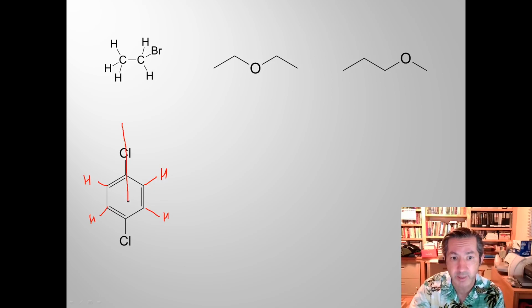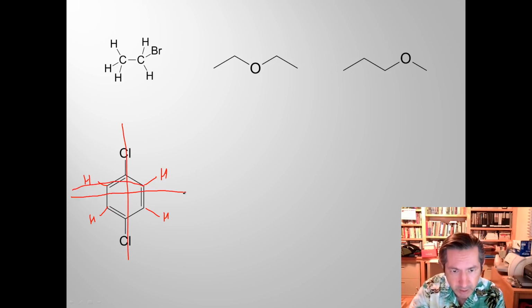And you have a lot of symmetry here. There's a plane of symmetry here, plane of symmetry right there. You have 1 type of hydrogen. If you look at carbons, you have the carbons that are next to chlorine or a little bit farther away. So you actually have 2 types of carbon.